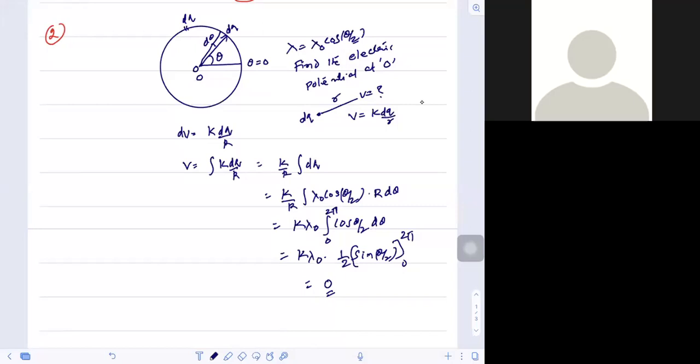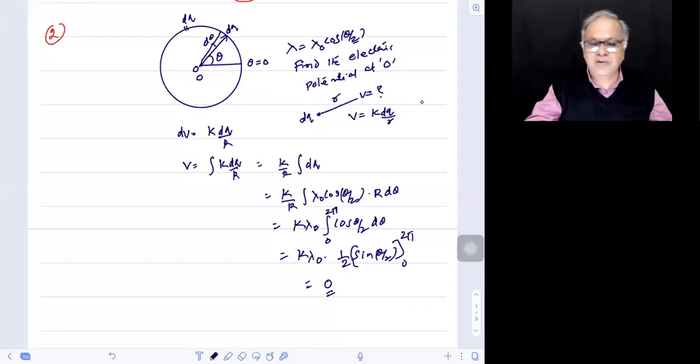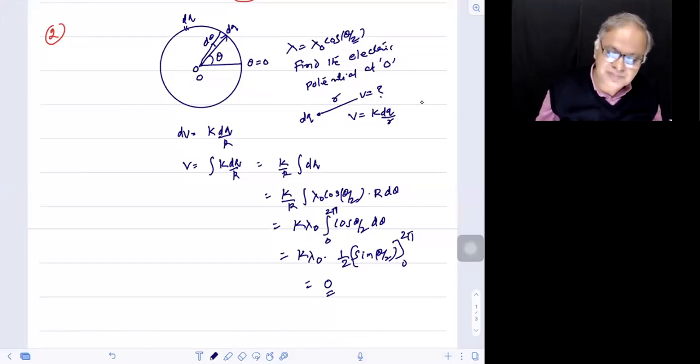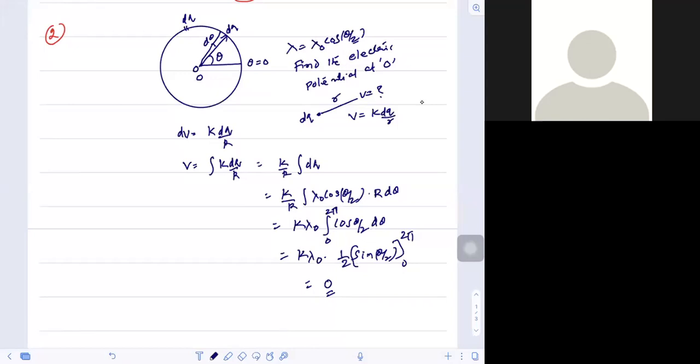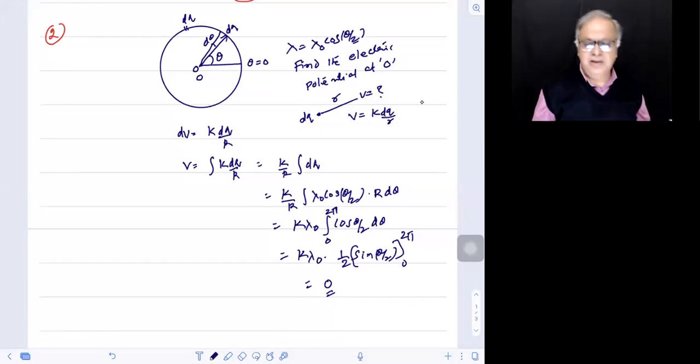So dq by R, dq by R. If you understood that potential is simply a scalar number, you won't do this full question in such an elaborate way. Do you follow? Yes, sir.